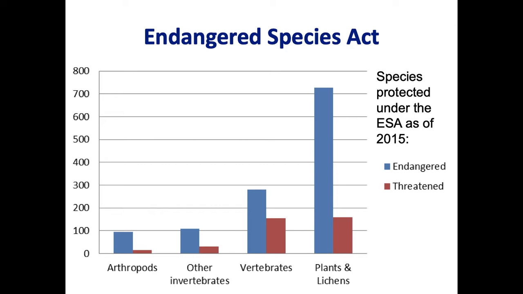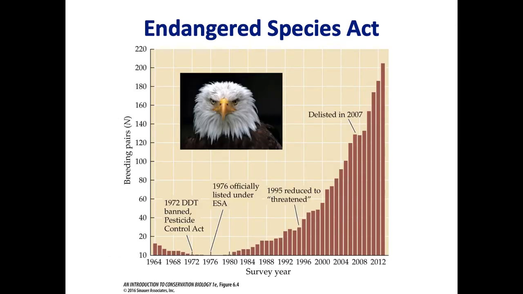And so you can see that there's a large number of species. There's over 700 endangered plants and lichens on the list. There are almost 300 endangered vertebrates and about 150 threatened vertebrates on the list. And so just the sheer number of species that need protection is very, very large.